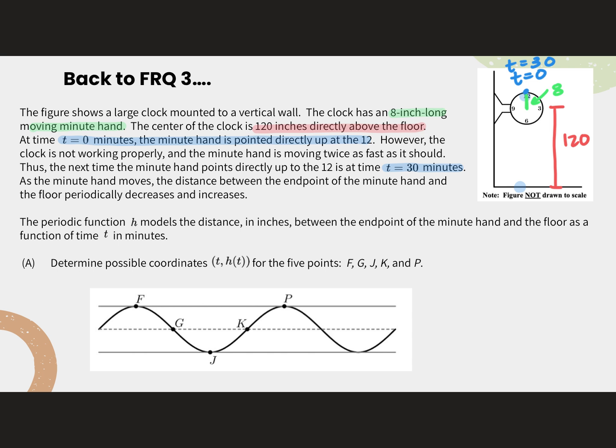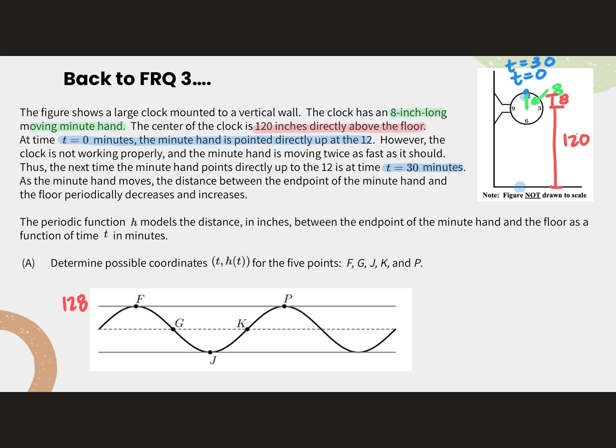So I like to start with our vertical values, those y coordinates, looking at the maximum and the minimum distance this minute hand could be off the ground. Since the distance to the center of the clock is 120 and the clock hand is another 8 inches long, that maximum distance is going to be 128.